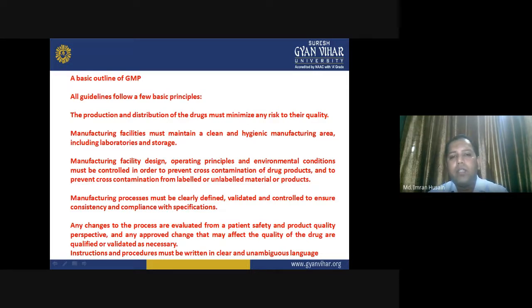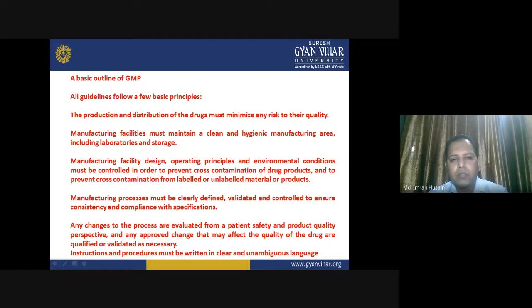Manufacturing facility design, operating principle, and environmental conditions must be controlled in order to prevent cross contamination of drug products, not only for drug products but also for food items, food grade items, and to prevent cross contamination from labeled or unlabeled material or products.